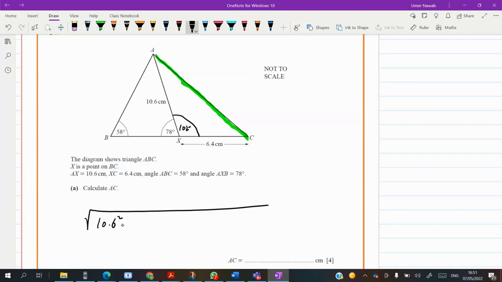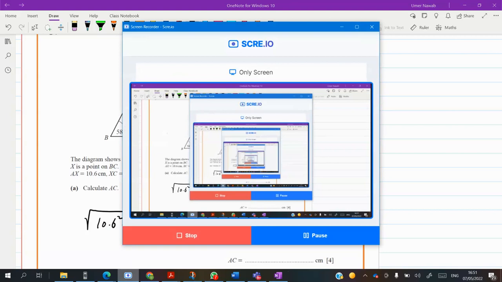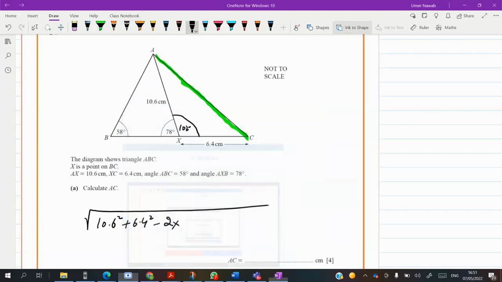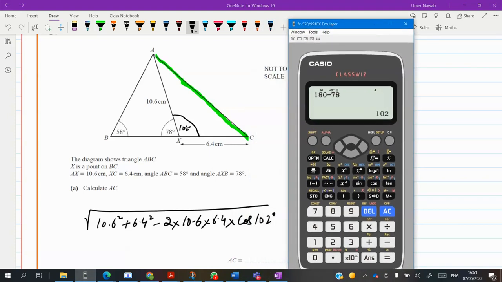10.6 squared plus 6.4 squared minus 2 times 10.6 times 6.4 times the cosine of 102. Let me use the calculator.